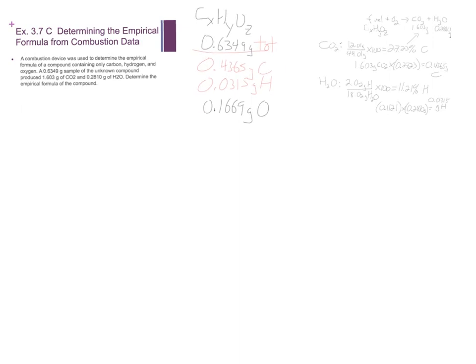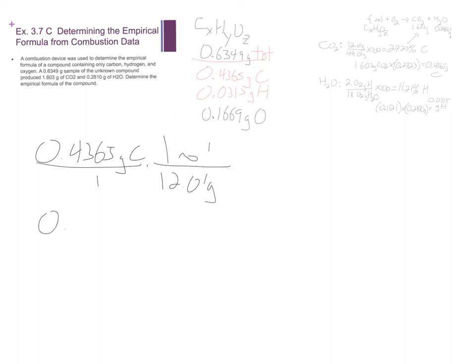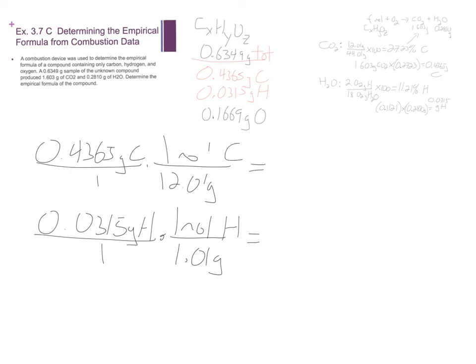And that's going to give us all the numbers we need to make an empirical formula. All right, so we're going to take those guys, and now we need a mole ratio from them. So let's start out here. We have 0.4365 grams of carbon. We're going to convert that to moles. We have 0.0315 grams of hydrogen. And we're going to convert that to moles. And we have 0.1669 grams of oxygen.